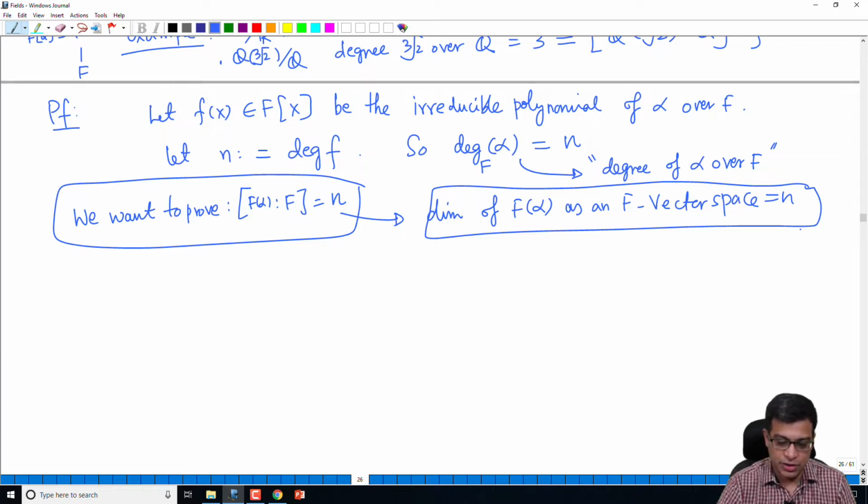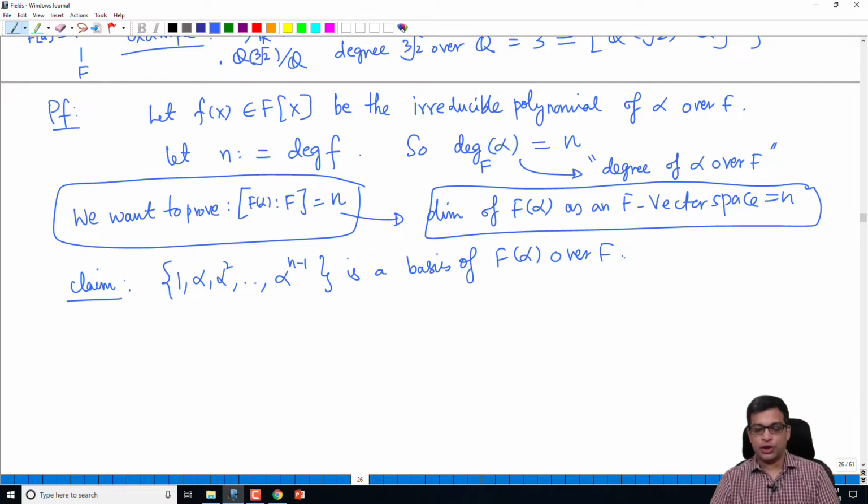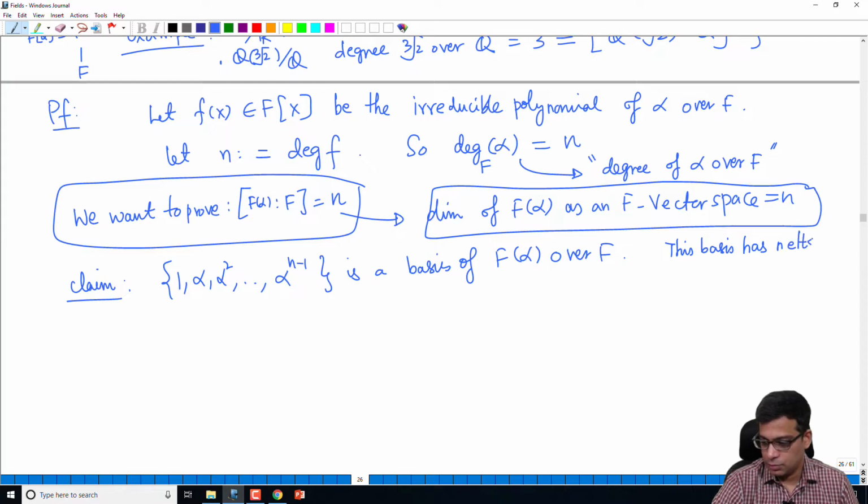Okay, so now let's go ahead and prove this. Basically I will directly exhibit a basis. So claim that the set 1, alpha, alpha squared, up to alpha to the n minus 1 is a basis of F(alpha) over F. If I show this, it will follow that F(alpha) has dimension n, because this basis has n elements.